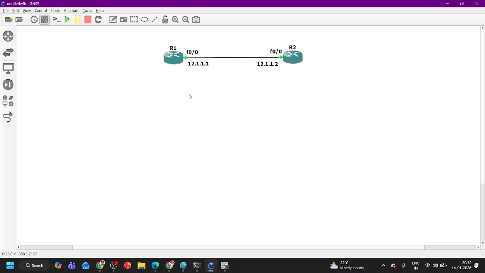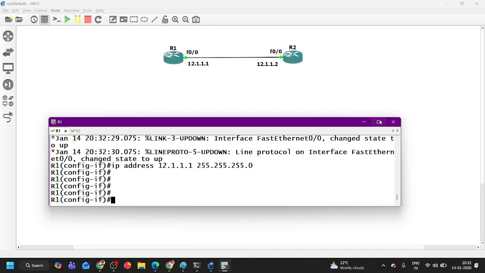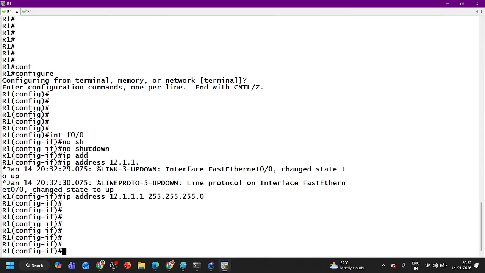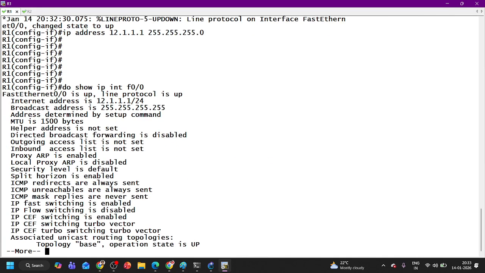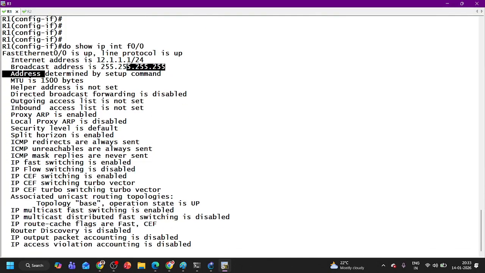These interfaces are not members of any multicast group by default. The port is up. I have configured the IP. So, show ip interface FastEthernet 0/0. Here you can see the Internet protocol address, broadcast address, proxy ARP and other things. But you can see this interface is not a member of any multicast group.